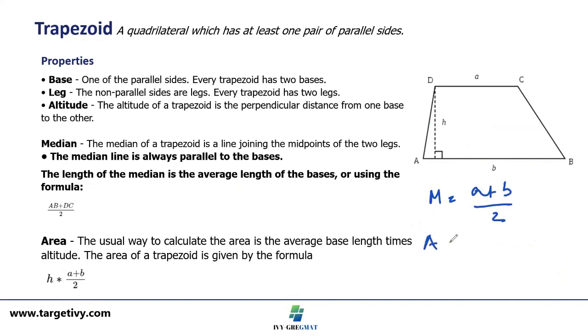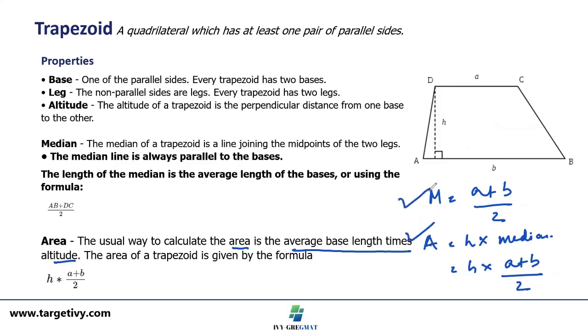So the area is equal to height into (a + b)/2. Area is the average base length times altitude. So this much is enough. Trapezoid.